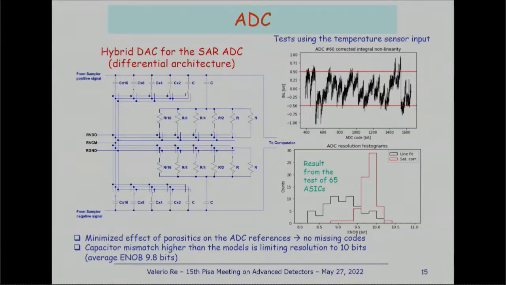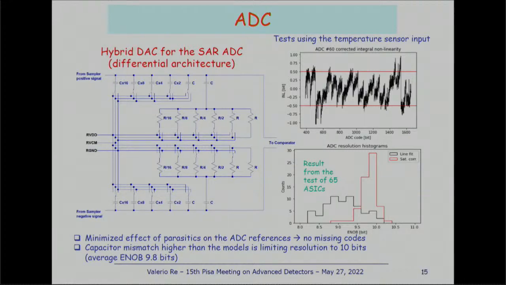And so actually, we were able to perform tests of this ADC as a standalone block using as the input the temperature sensor that is located on the chip.